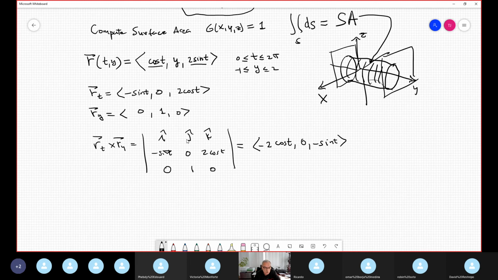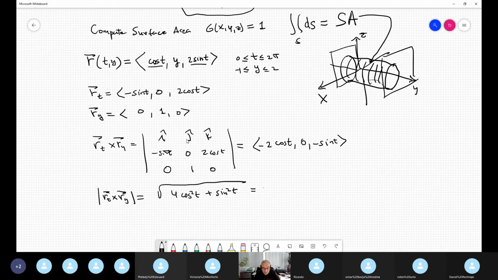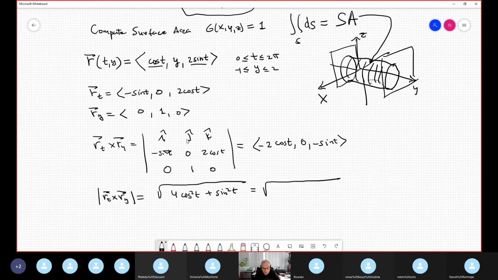Now I compute the magnitude of this. The magnitude is a square root. Each component one by one squared. So 4 cosine squared T plus sine squared T. You can manipulate a little bit algebraically.